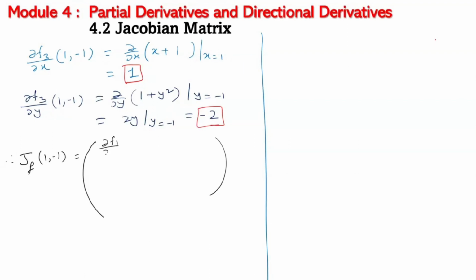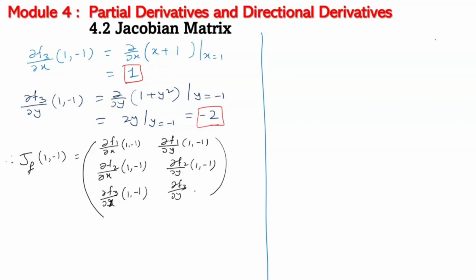So it will be del F1 del X, del F1 del Y, and of course at the point (1, -1), then del F2 del X at (1, -1), del F2 del Y at (1, -1), del F3 del X at (1, -1), and del F3 del Y at (1, -1).